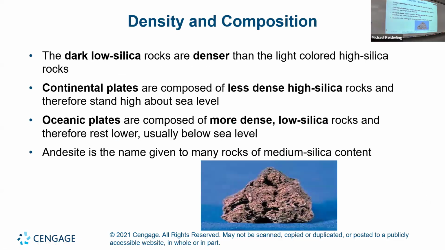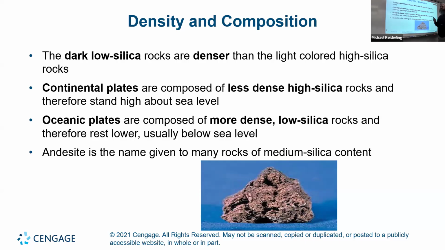So we were talking about rocks. The density and composition of rocks: the dark, low silica rocks are denser than the lighter, high silica rocks because the other components that make them dark are also heavier.